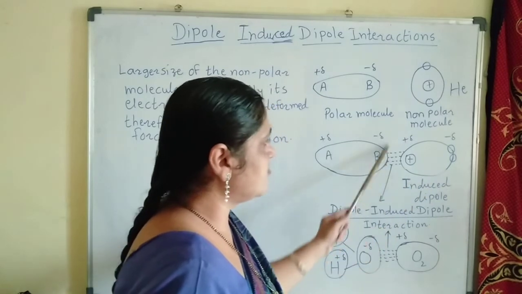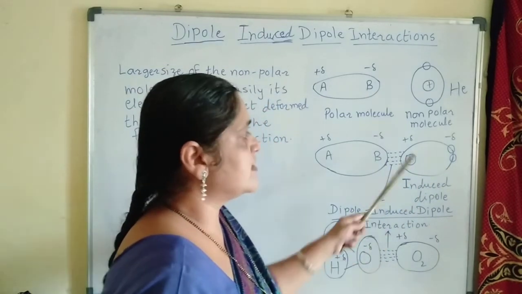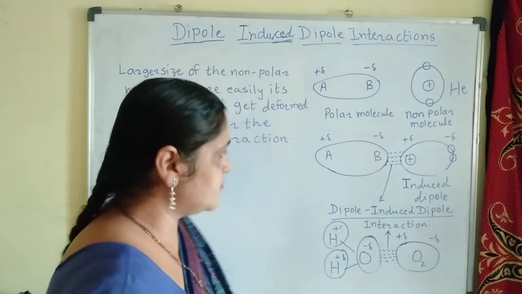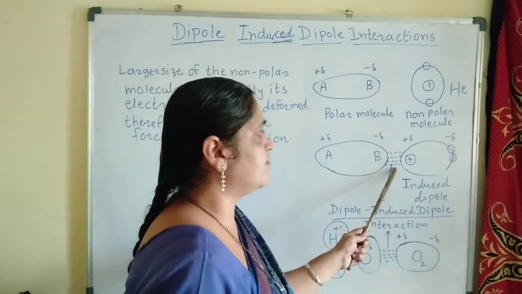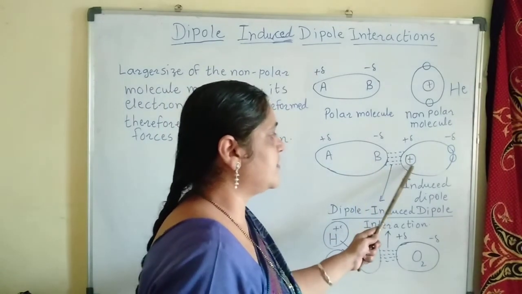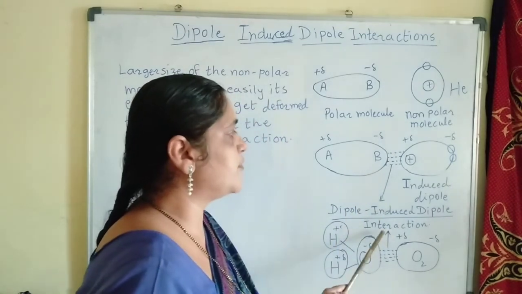So this electron cloud of the helium molecule is deformed, and therefore the dipoles are also induced in the helium molecule. And so these interactions which are developed between this B pole and this nucleus of the helium molecule are known as dipole induced dipole interaction.